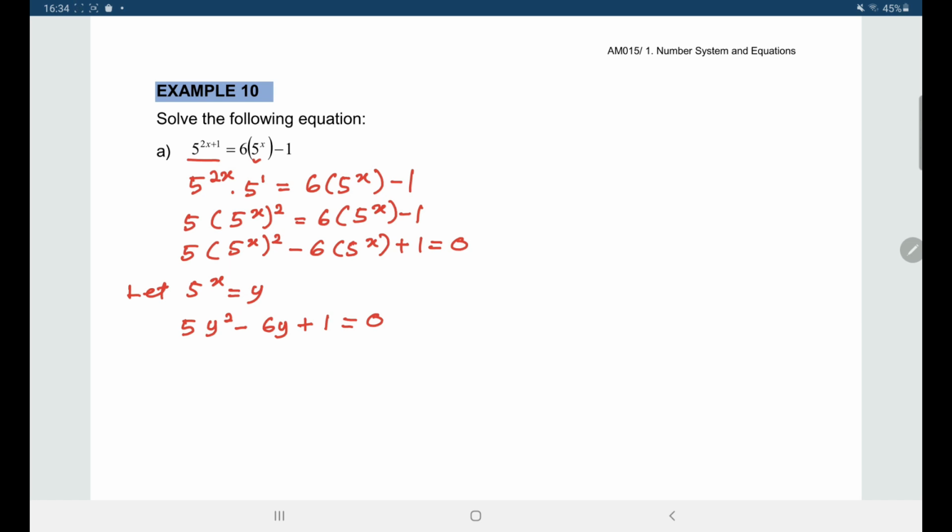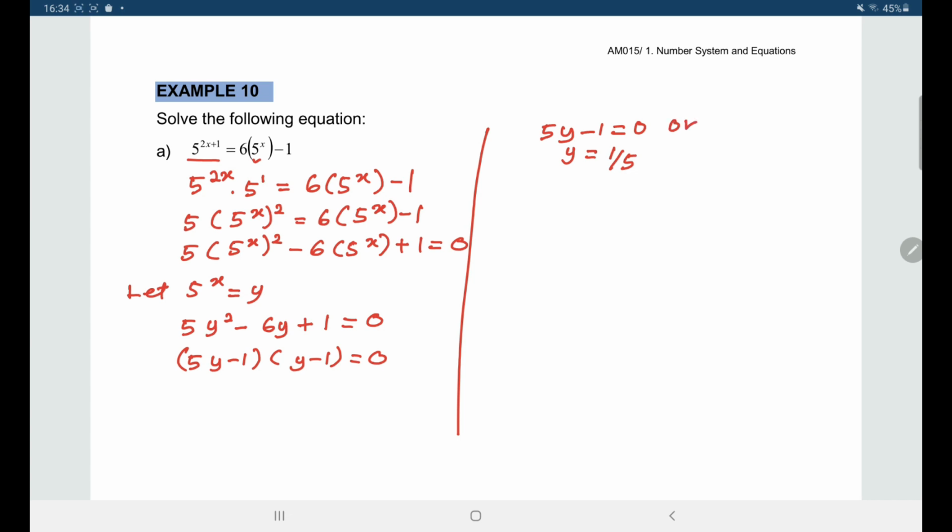Then we factorize, we get 5y minus 1 times y minus 1 equals to 0. 5y minus 1 equals to 0, and here we can get y equals to 1 over 5, or y minus 1 equals to 0, so y equals to 1.